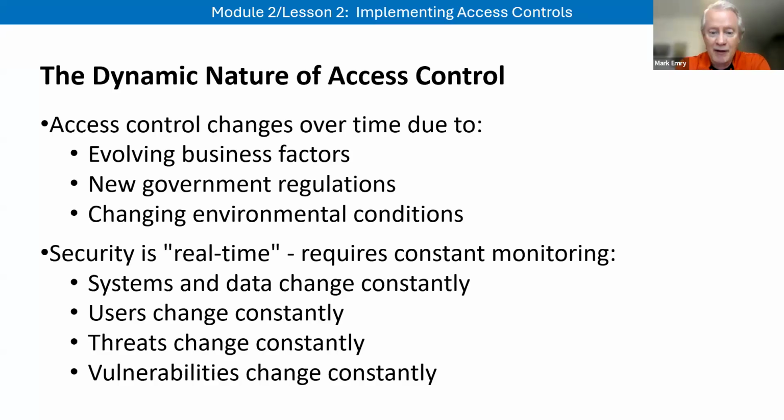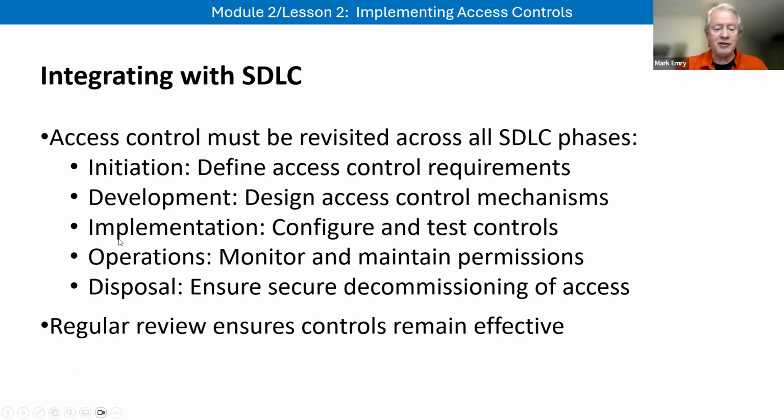So this is contributing to the dynamic nature of the access control. Users change constantly, right? Threats and vulnerabilities, they all change. We mentioned that it's important that it integrates with the system development lifecycle, the SDLC. Access control must be revisited across all SDLC phases.